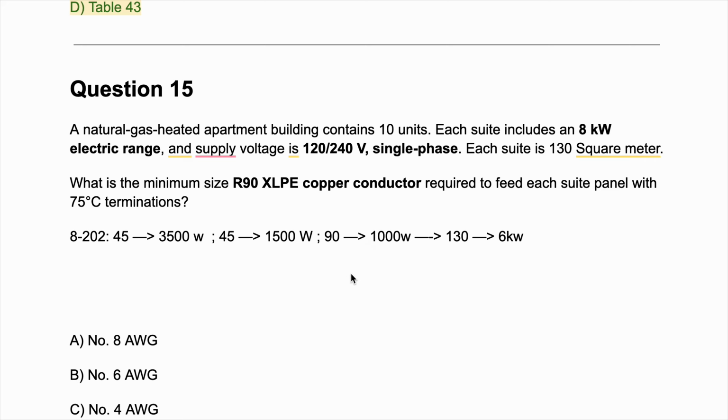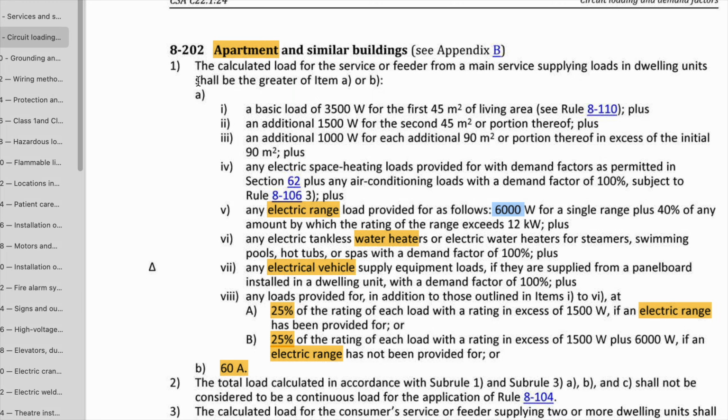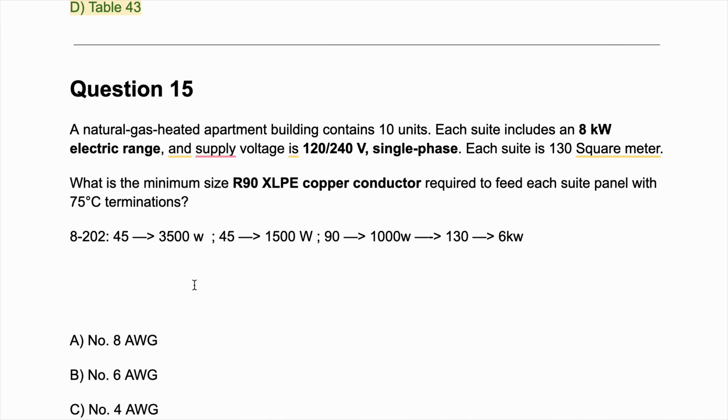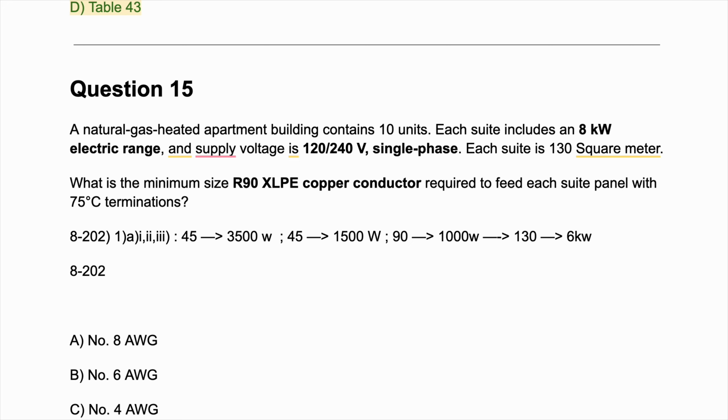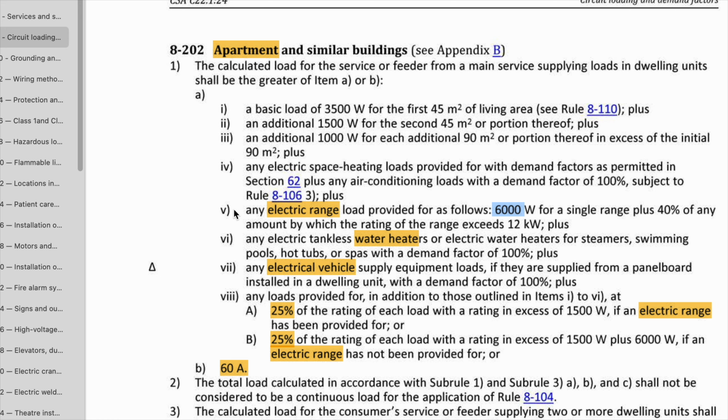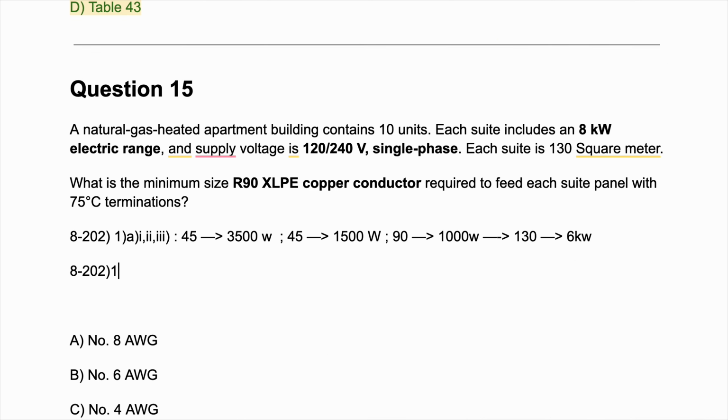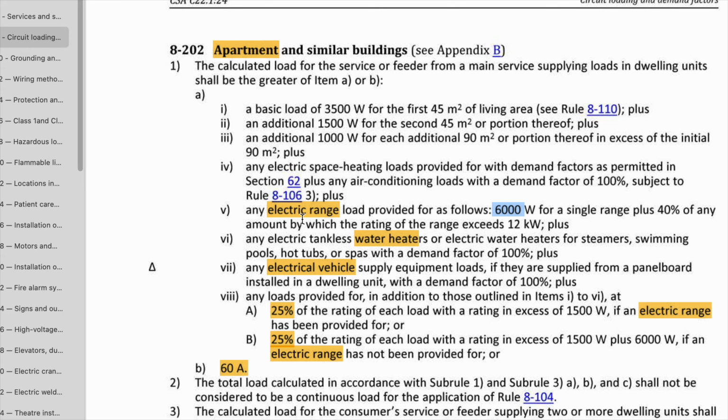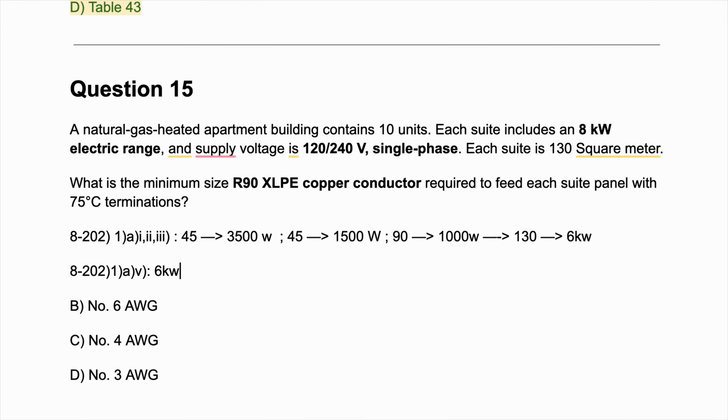So which rule? 8-200, 1(a)(iii)... 8-200, 1(a)(iv). This is 6 kilowatt for the electric range.